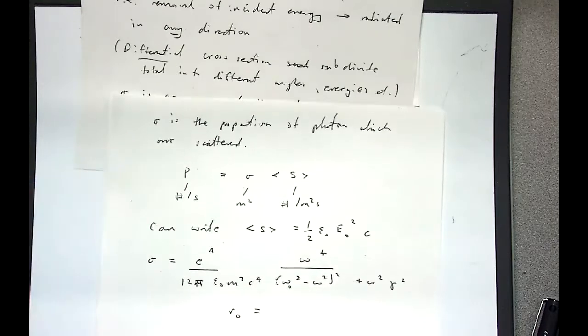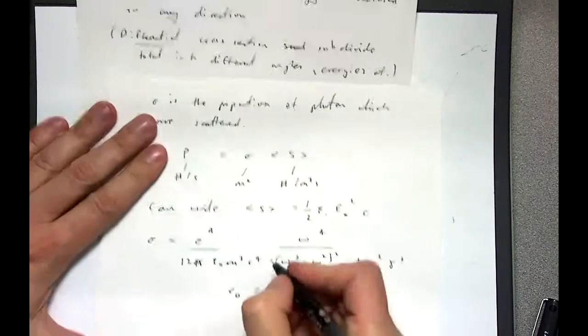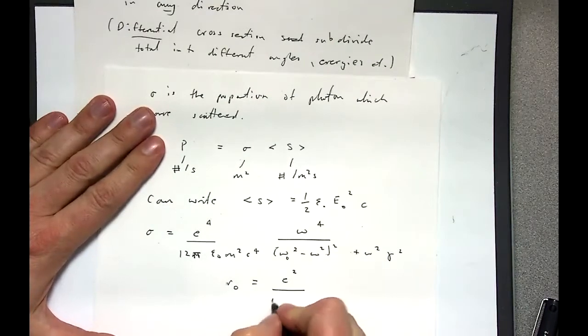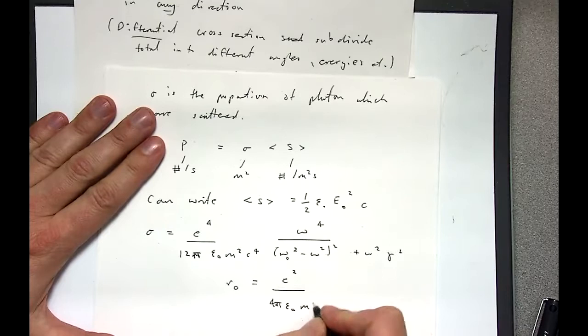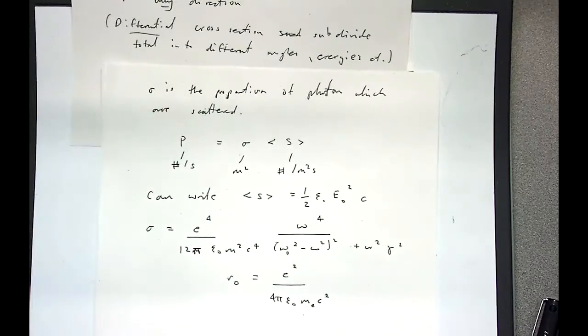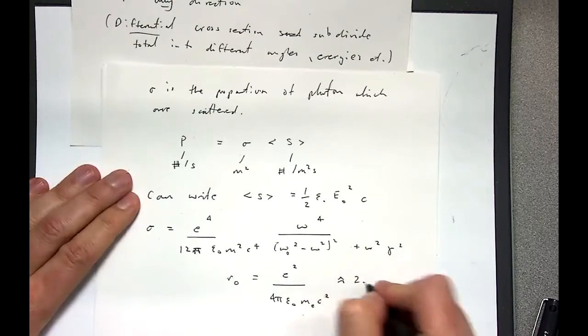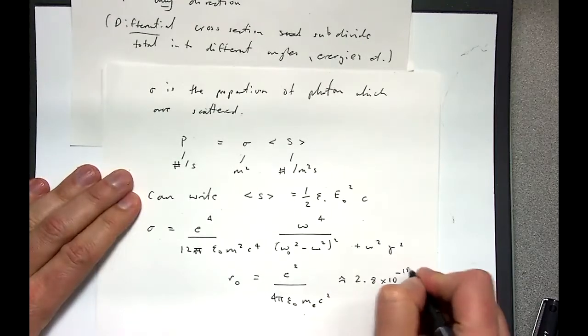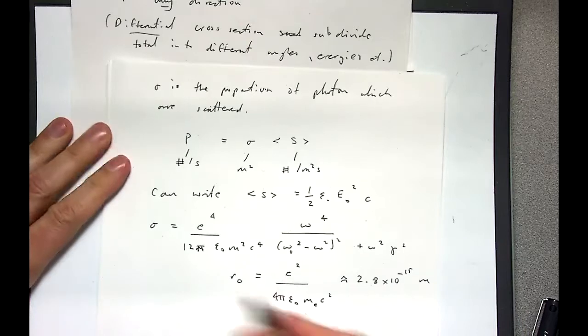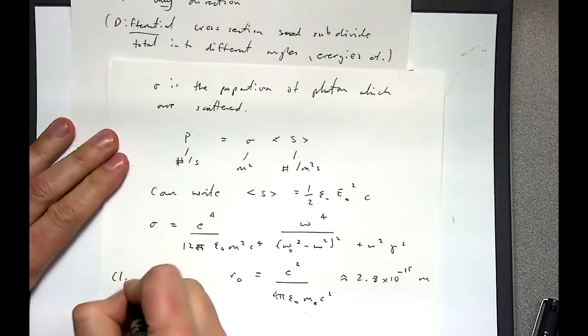For some reason, which we'll see in a second, I'm going to combine some fundamental constants, e squared over 4 pi epsilon naught m_e c squared, and it so happens that has dimensions of length. It turns out to be about 2.8 times 10 to the minus 15 meters. Well, this is to do with radiation from electrons, and this is an effective size of those electrons for that radiation. This is all classical physics, so this is called the classical electron radius.